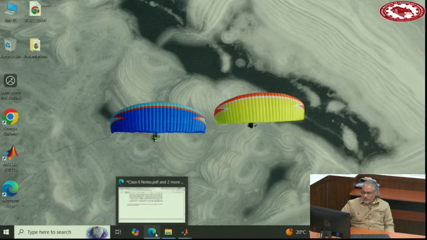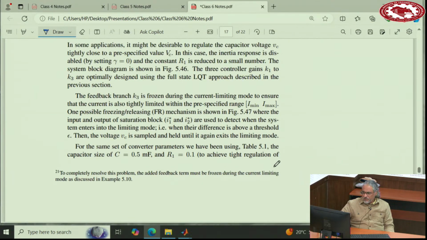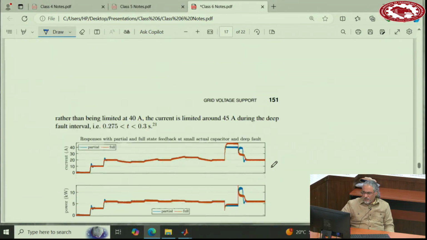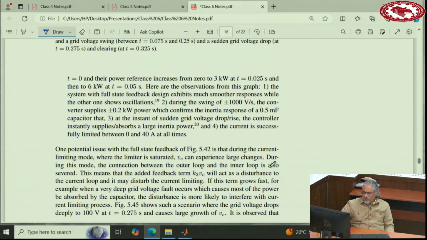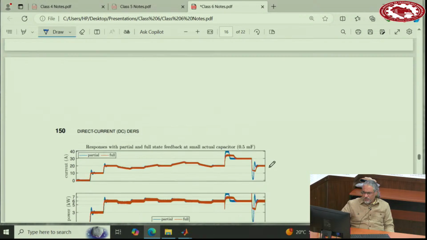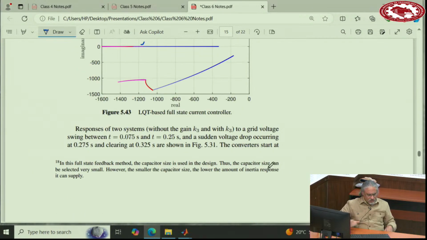All right, so let's go to our teaching. Now, one thing you realized is that we are changing the capacitor voltage, whether it's an actual capacitor or an emulated capacitor. For an emulated capacitor, no problem. But for an actual capacitor, we are changing the voltage to attain inertia, right?